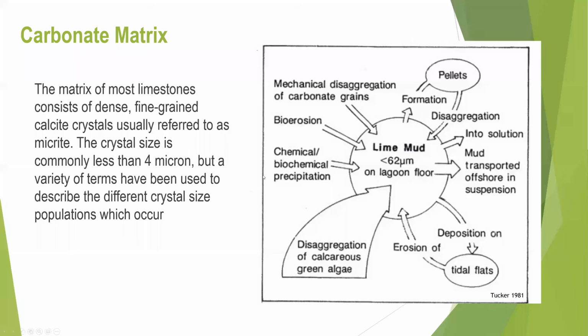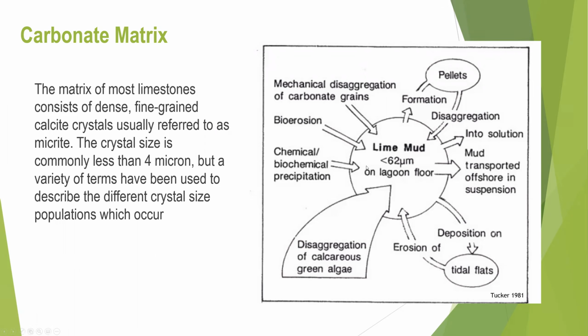The carbonate matrix, actually the matrix is same as mud, but they are carbonate mud. They are not same as, for example, siliciclastic muds. But the size of the lime mud are different based on different categories. For example, some people say that the size of the mud is less than 6 micron, but some people say that it's less than 4 micron.